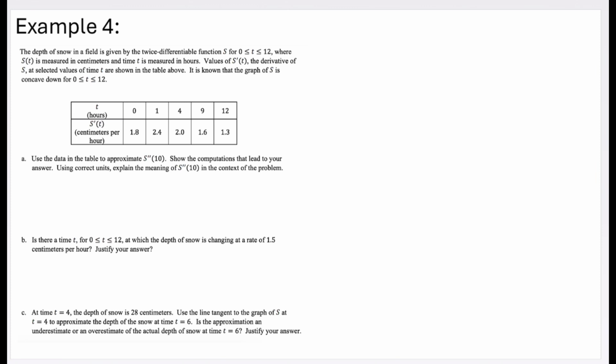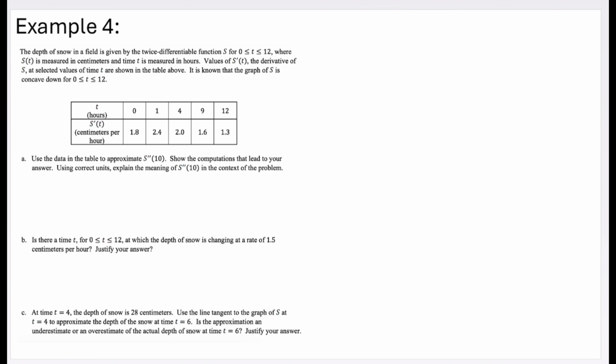So that's important. Also, that it is twice differentiable is important as well, because that helps us know that the original function and the derivative function are both continuous. Because you can only take the derivative a second time if it's twice differentiable on that particular interval. And the first derivative is continuous on that particular interval.